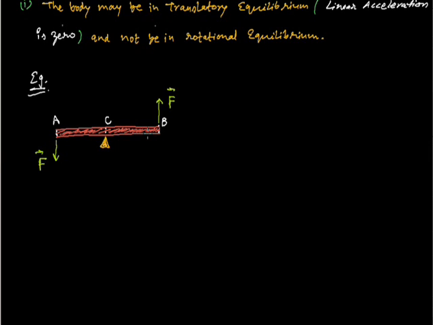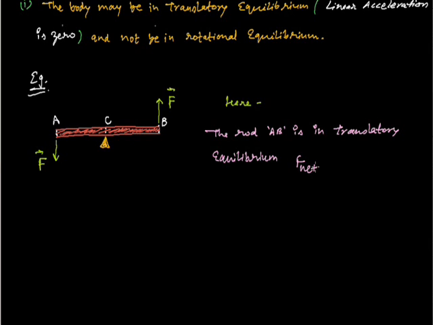So in this case, the rod AB is in translatory equilibrium since F net acting on that body is zero, but the rod is not in rotational equilibrium.